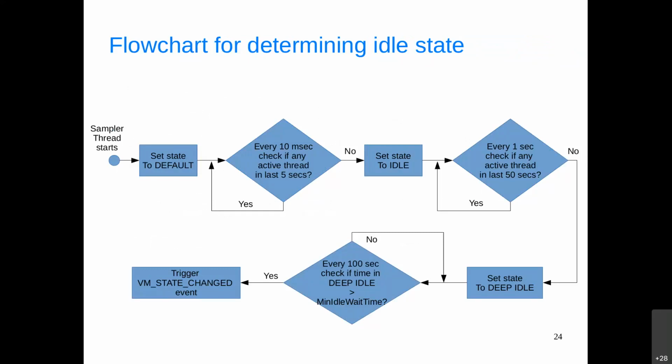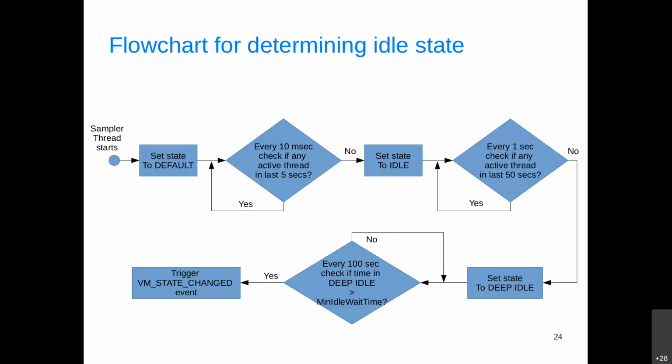On this slide, I've tried to capture the mechanism that we use for determining the idle state in OpenJ9. Basically, the mechanism piggybacks on the JIT sampler thread's state detection logic. The JIT sampler thread is a native thread in OpenJ9 that wakes up at regular intervals to perform some housekeeping activity.